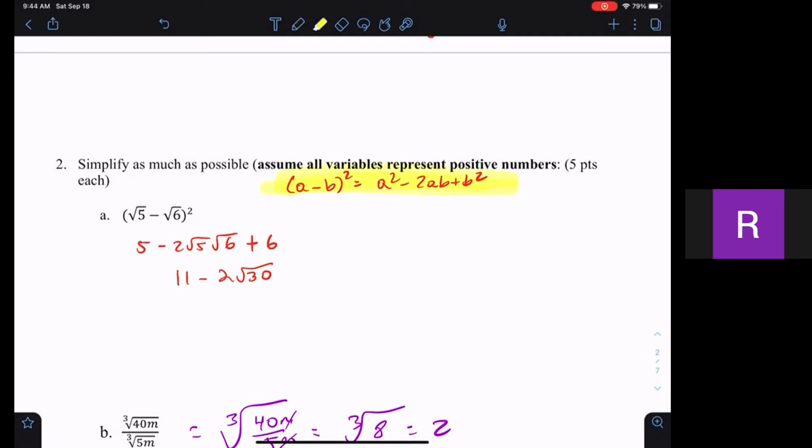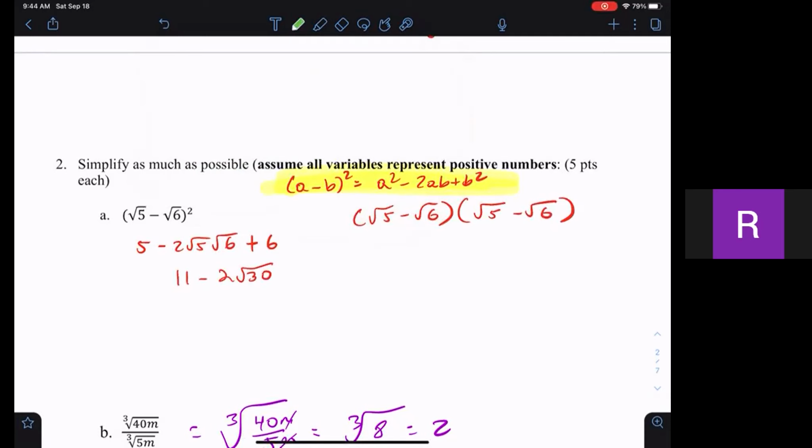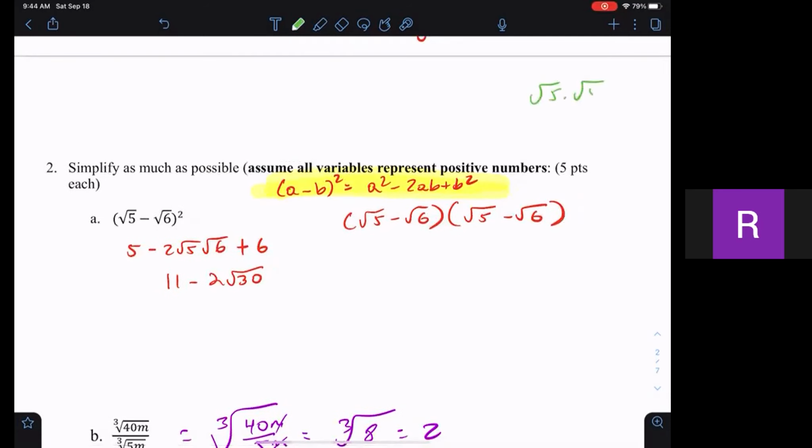Or you can do this if you want to play safe or you don't know what's going on. You can do FOIL, and you should get the same. So here, remember root 5 times root 5 is 5, and root 6 times root 6 is 6, and that kind of situation. So I'm doing this times this. That's just going to be 5.